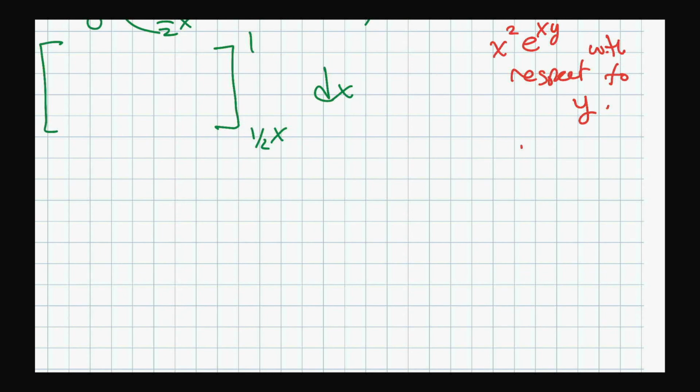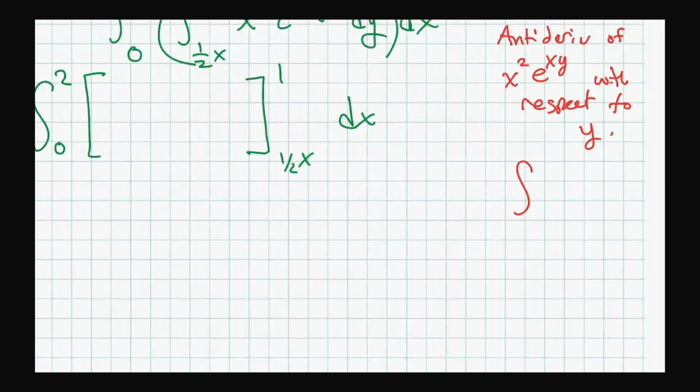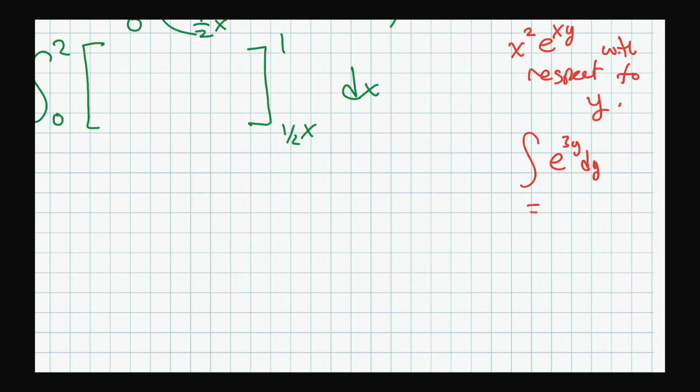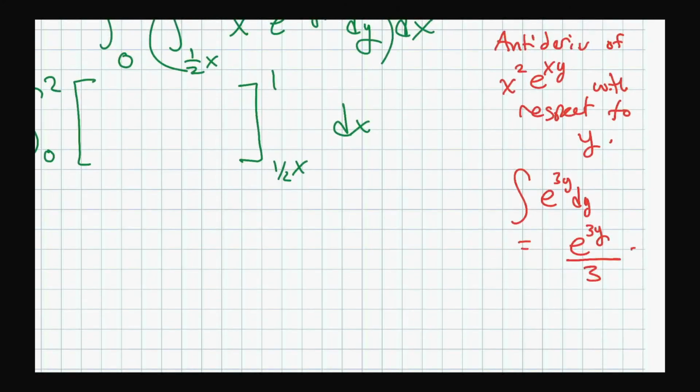So recall, think about this. If you were integrating e to the 3y, right? Wouldn't that antiderivative be e to the 3y, and then you would divide by 3, right? That's what would happen with that constant. I know we've talked about that in the previous lecture as well.